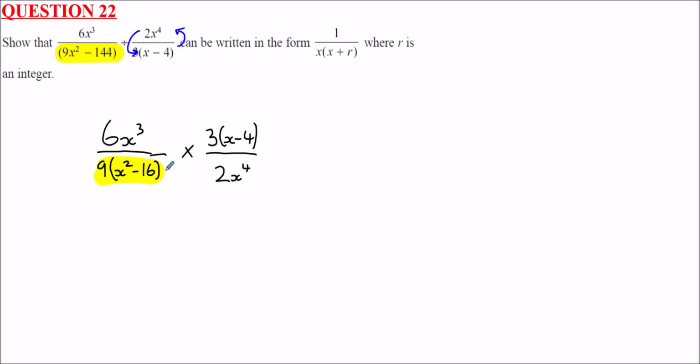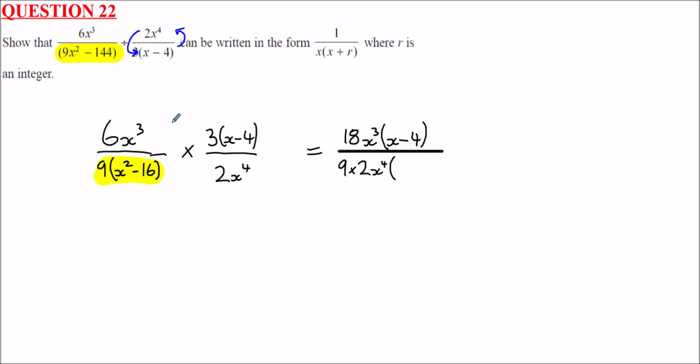So we can now neaten this up some more. We've got one fraction multiplied by another now, so we can just multiply the tops together. So 6 multiplied by 3 gives 18, x cubed, brackets x minus 4. On the bottom, 9 times 2, I'm going to put at the front. I'll also put this x to the 4 at the front too.